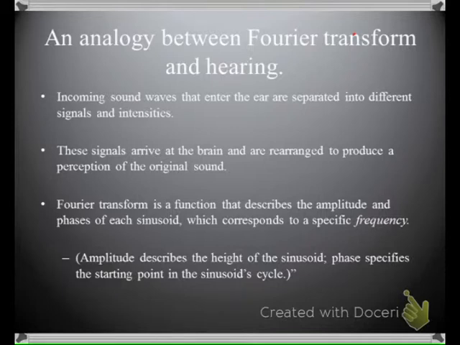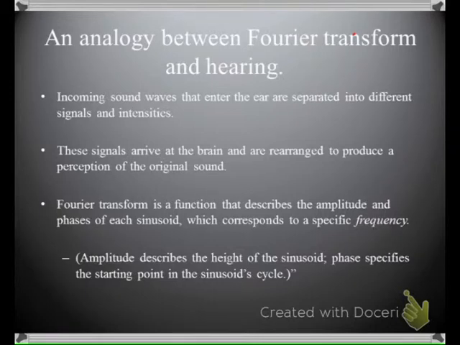So basically what we're saying here is that the ear separates these small little differences in the sound in terms of intensity, and then it relays this information to the brain, where the brain then compiles everything back together and makes something different out of it. And so you actually wind up perceiving the original sound.